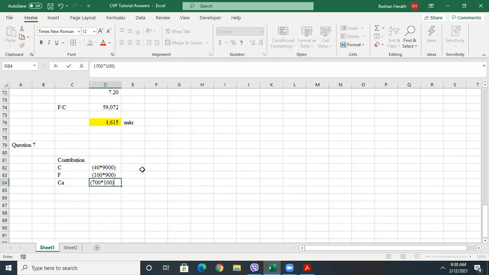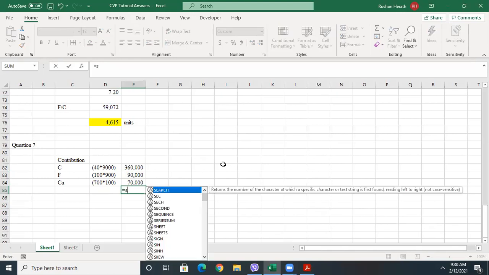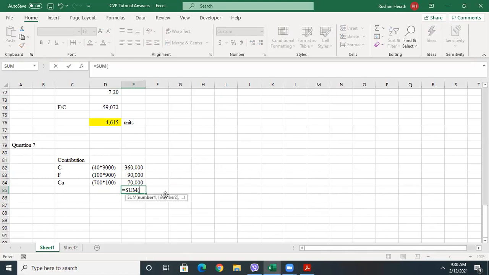So that is the contribution you may get. If you take the summation, that's your total contribution.